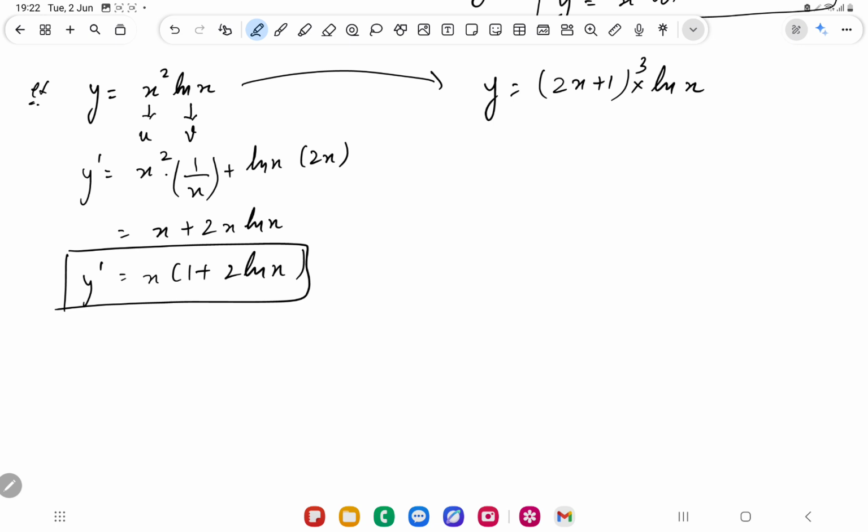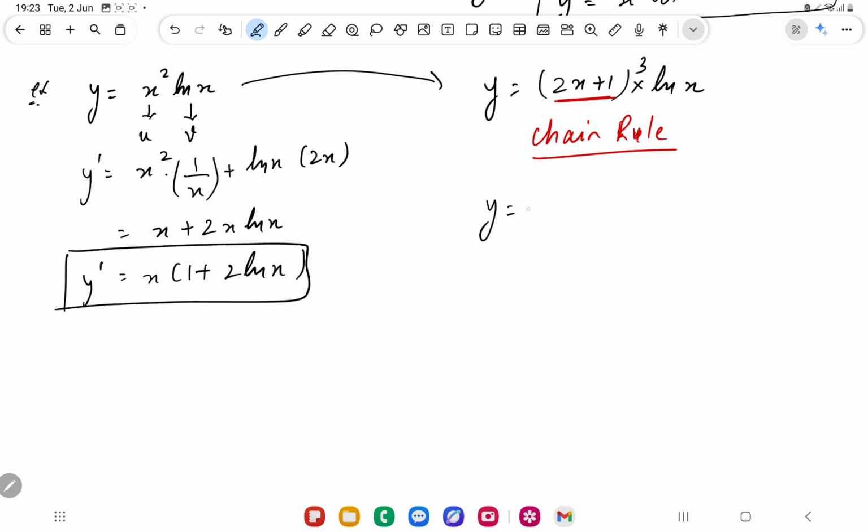So for that, we will use chain rule. Now you must be wondering why we are using chain rule. Because this time instead of x you have a function. Let's understand this simply.